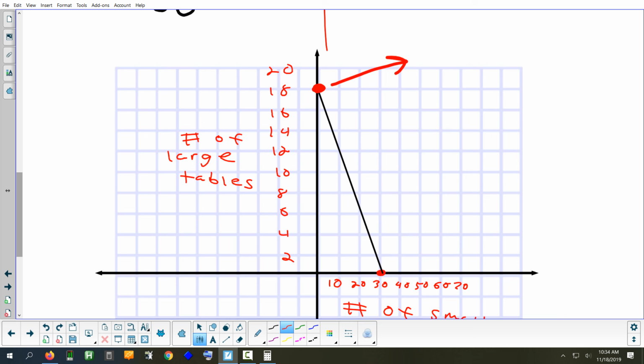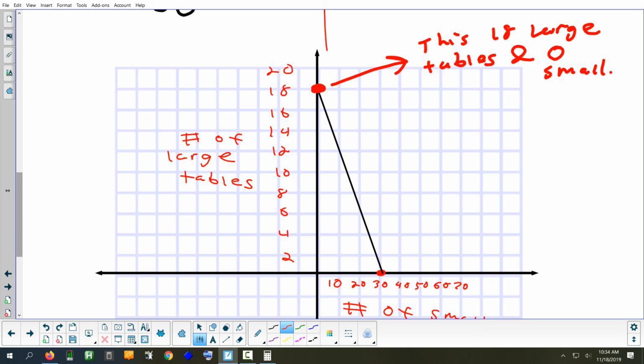So how many large tables is that? Okay, so this is 18 large tables. And how many small? At this point right here. 0. So you decided to just get all large tables, not any small. That's 18 large tables and 0 small.